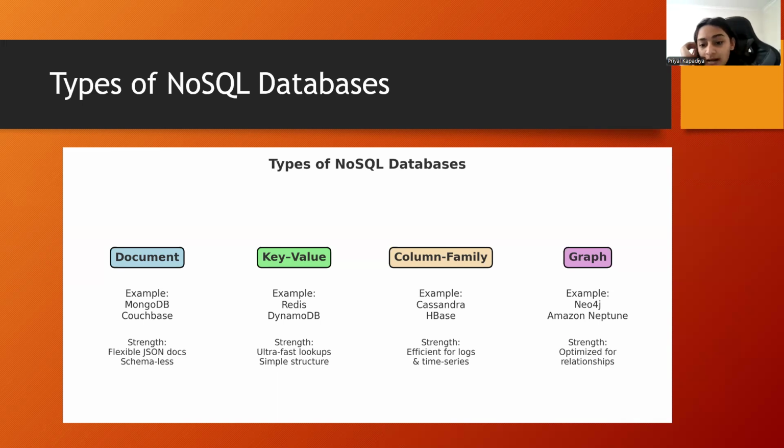And then we have got graph databases such as Neo4j, Amazon Neptune, that excel at relationship queries like social networks. Each type comes with its strengths and its limitations. Choosing the right one will depend on what kind of workload we have.